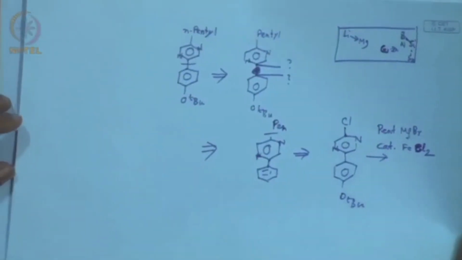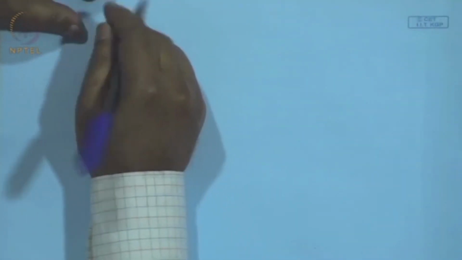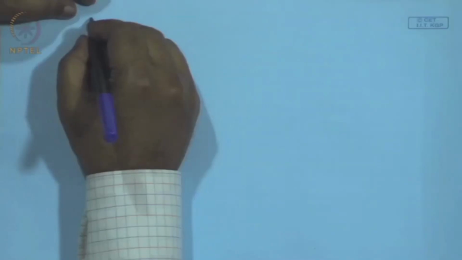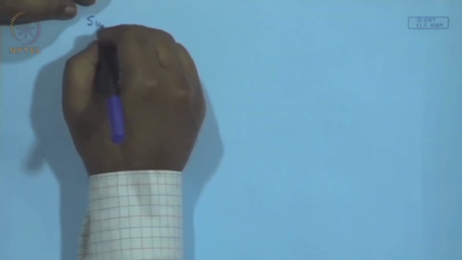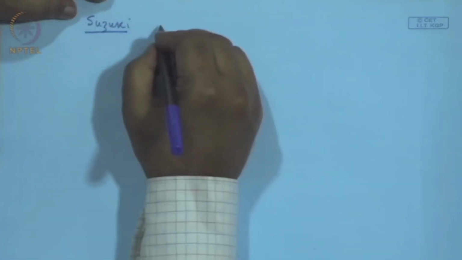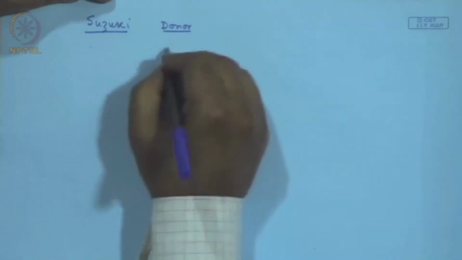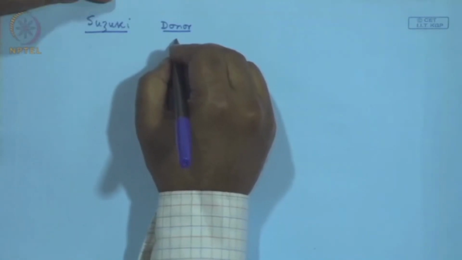And so, quickly then, to summarize what we talked about, our first choice now in heterocyclic chemistry is Suzuki. So, you have to know the donor. What is the donor? Boron, fine.